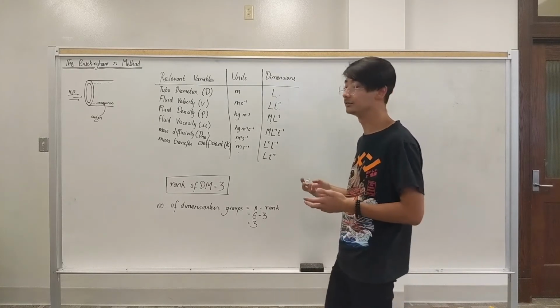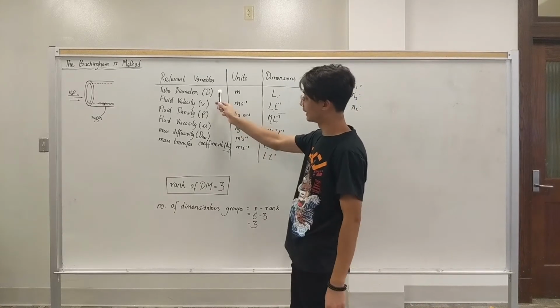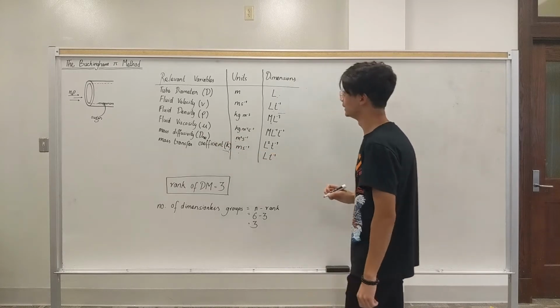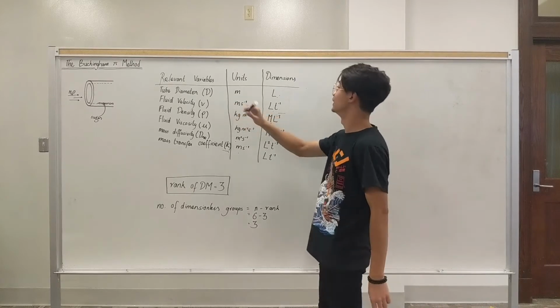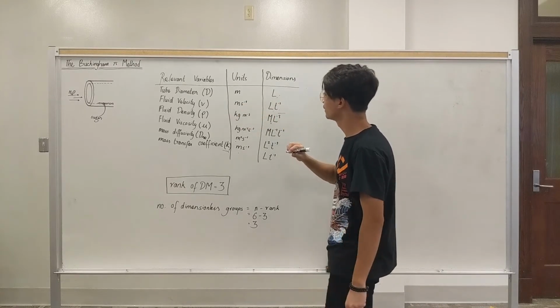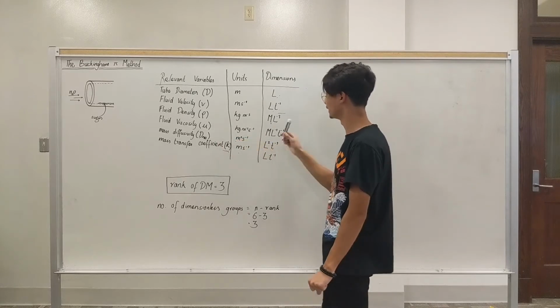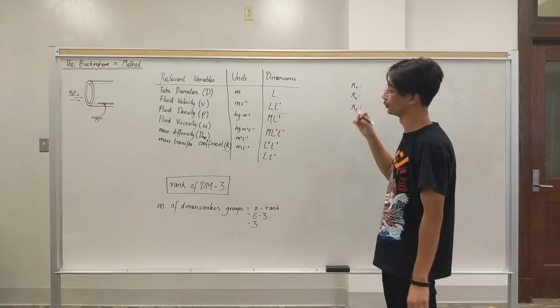So that cannot be used as a core group. Now, let's see if we use the diameter, the density, and the mass diffusivity, whether we'll have all of the dimensions or not. Diameter has the length, from the density we can get the mass, and from diffusivity we can get time. So that group can be used as a core group.